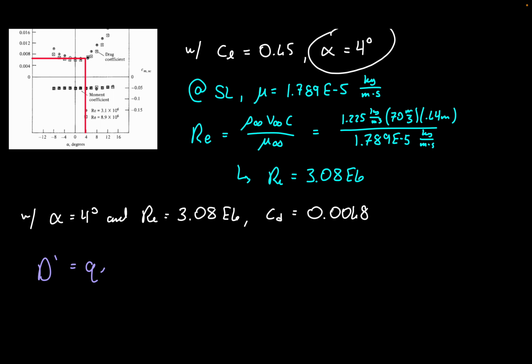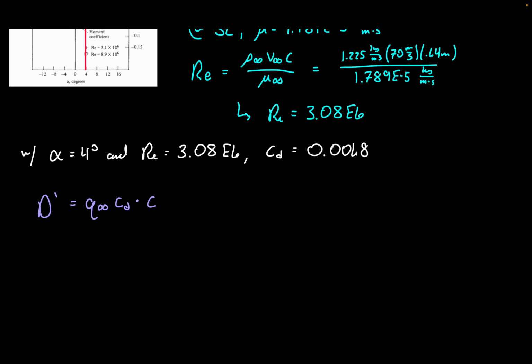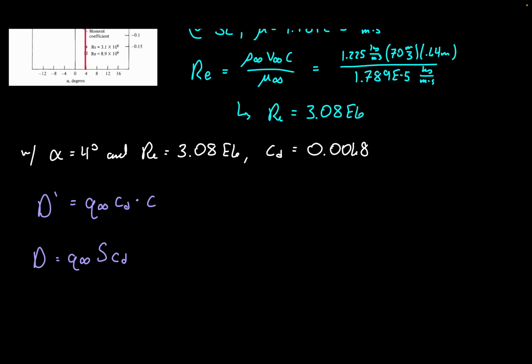So that's going to be equal to q infinity times our coefficient of drag times our chord length. Because remember, we have to split up S. So drag is going to be q infinity times S times CD. But in this case, we're solving for our drag per unit span. So then we essentially have to break up S into c and then times 1.